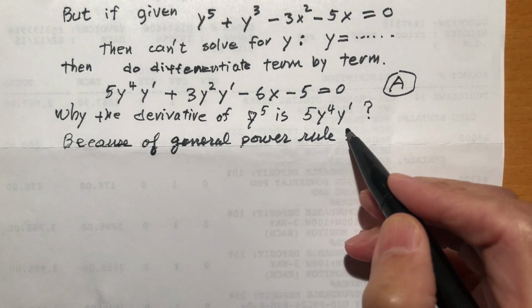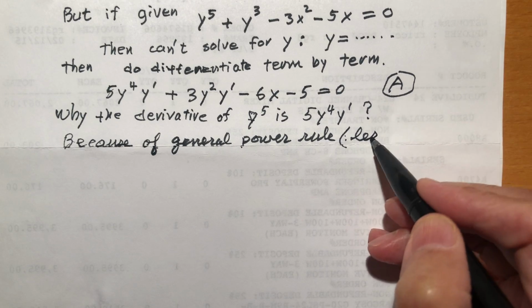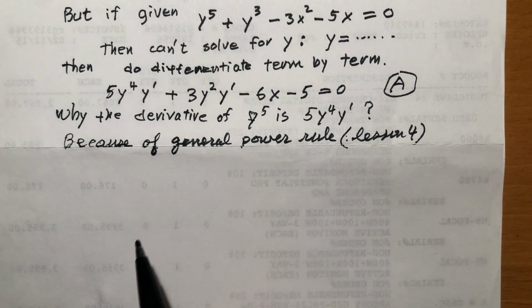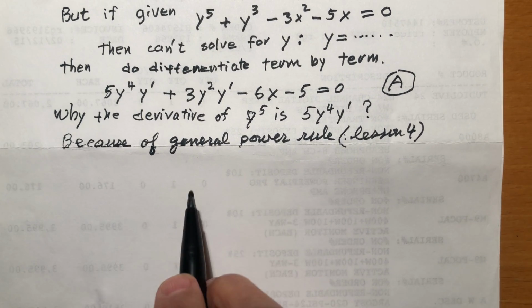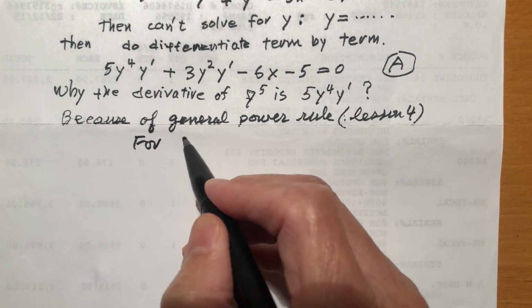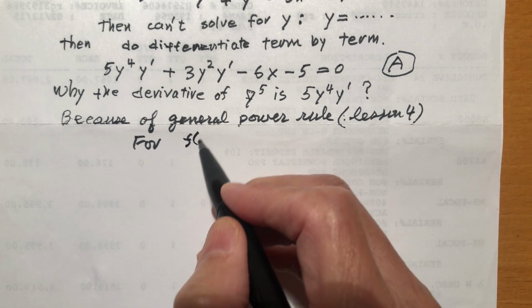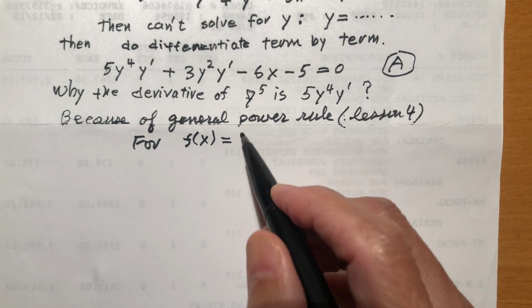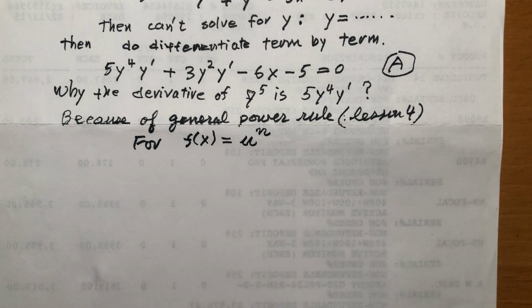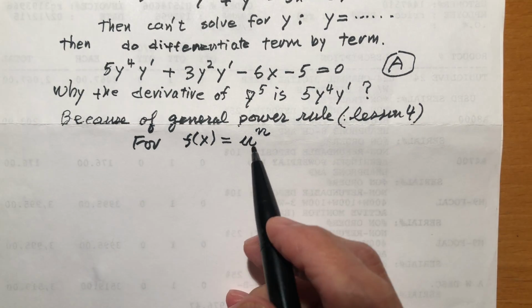Which is lesson 4. What is the general power rule? The general power rule says for this function, u is a function of x.